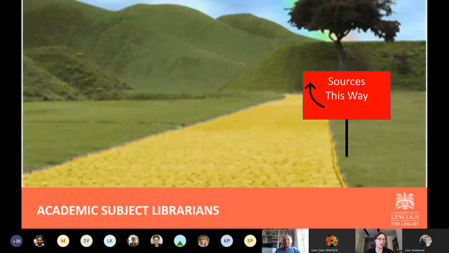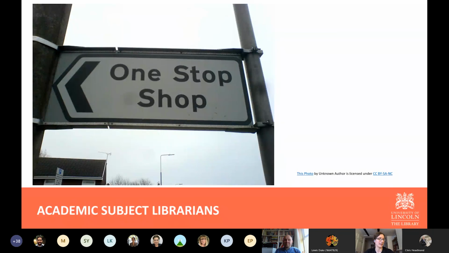So if we could go on to the next slide. One of the things for typical age and typical entry university students that sometimes gets thrown around is the idea that they're digital natives. They've grown up in information-rich and internet-savvy environments.